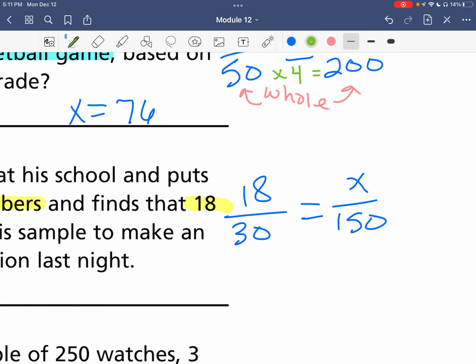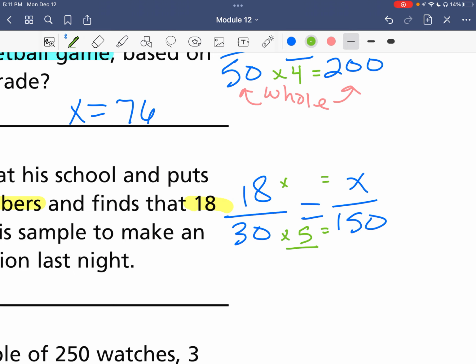Okay, so 30 times what will give me 150? And then what you do to the bottom, you do to the top. Figure that out. Pause your video, unpause it when you think you have the answer. So we have 30 times 5.